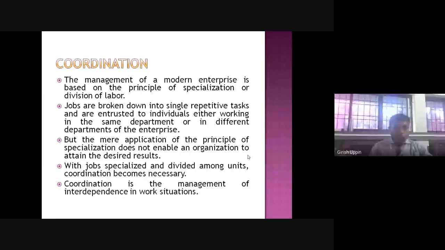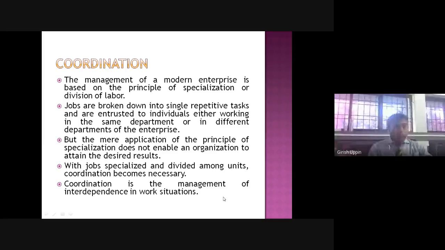Even though you make the specialization, proper coordination should be present. When jobs are specialized and divided among units, coordination becomes necessary. So when you are dividing into different units, departments or branches, coordination is very, very important.